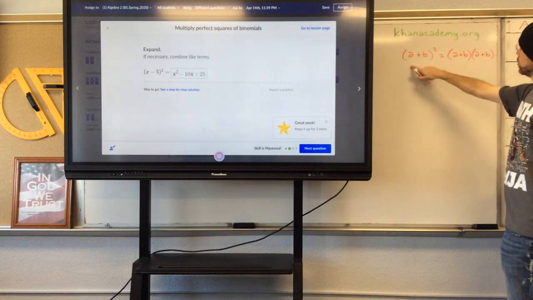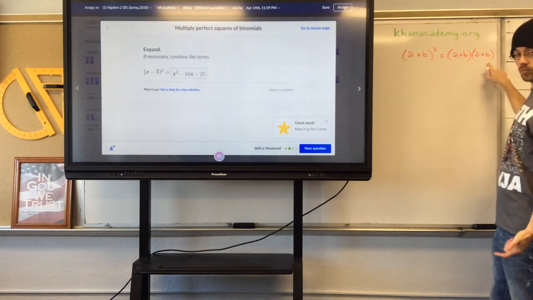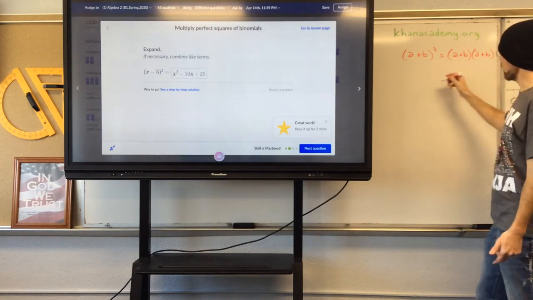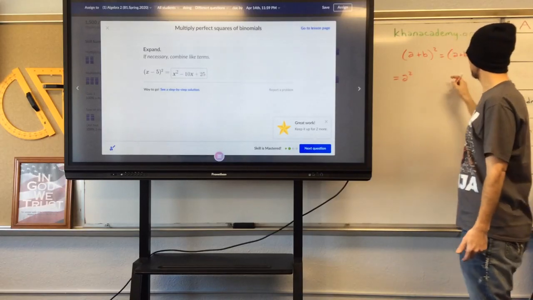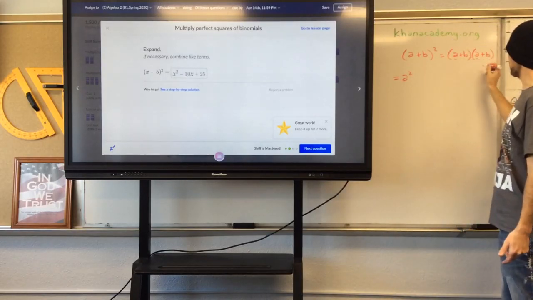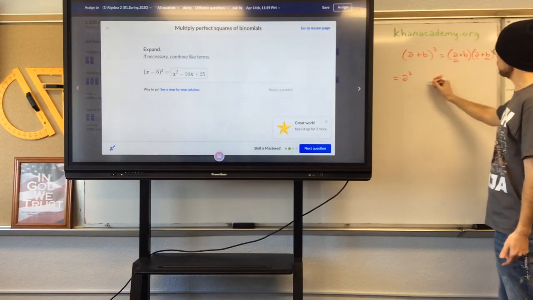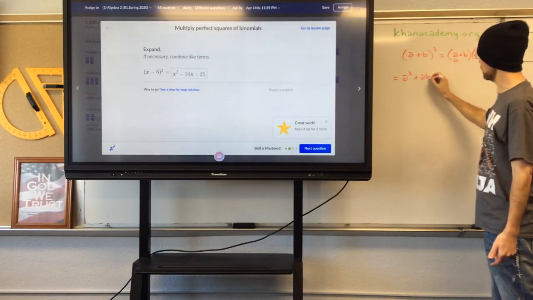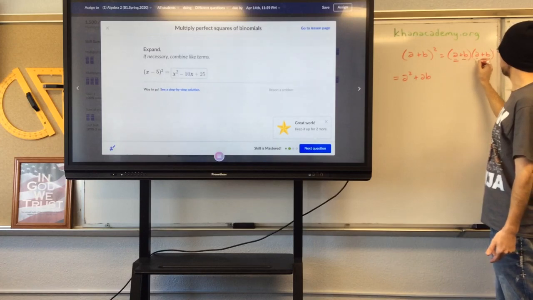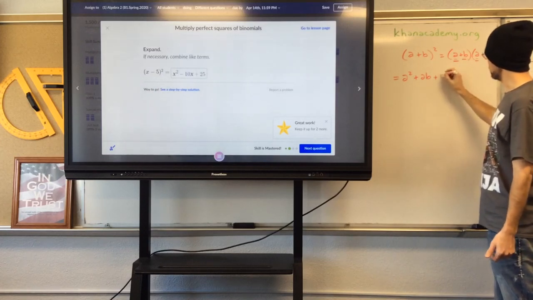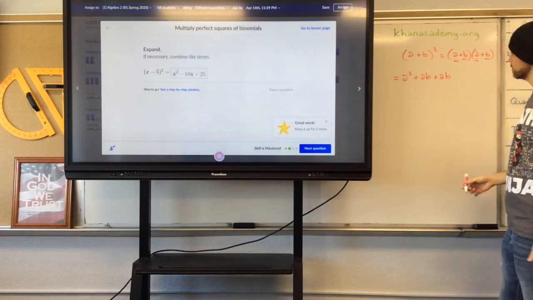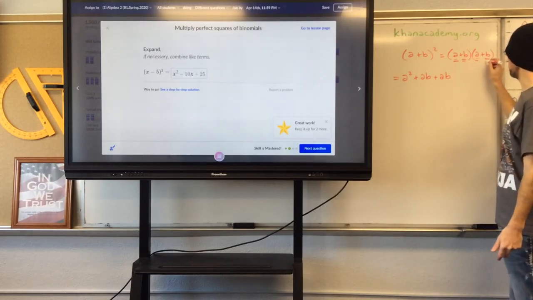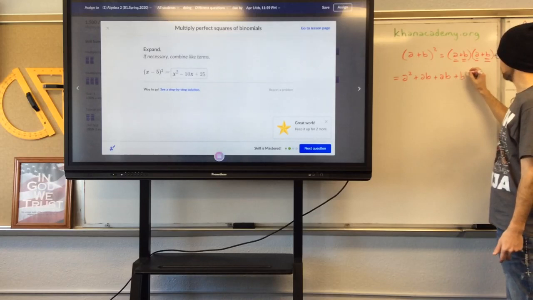Now, we can expand this, so a times a equals a squared. That's a times a. A times b is ab. B times a is also a times b because of the commutative property of multiplication. And b times b is b squared.